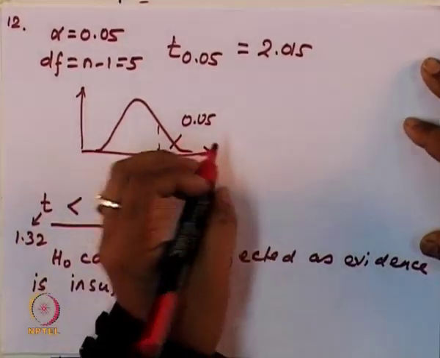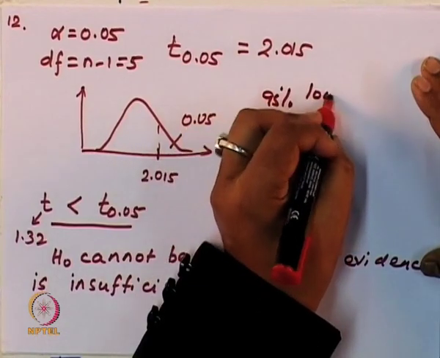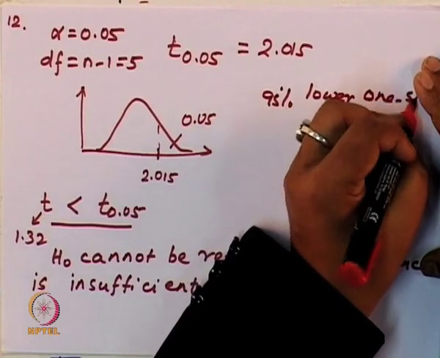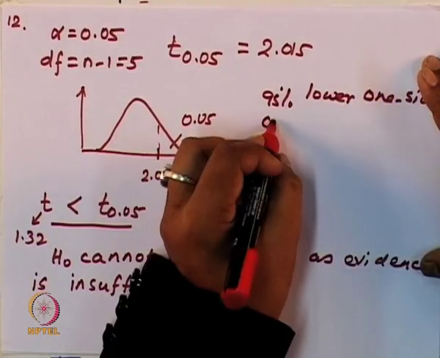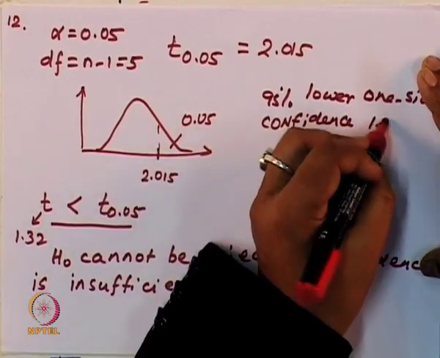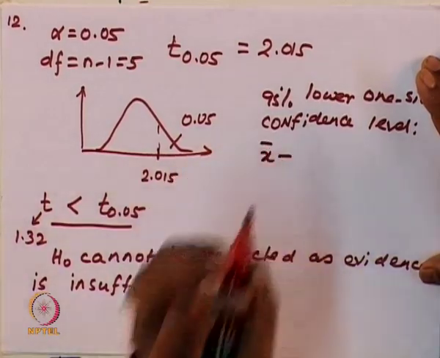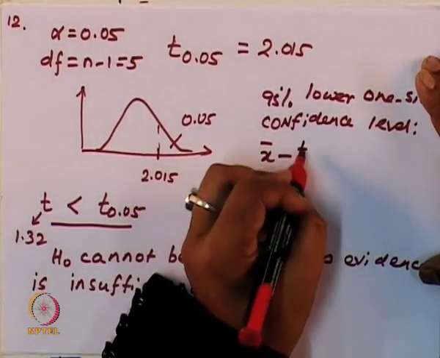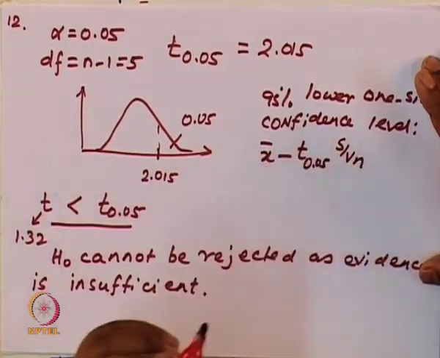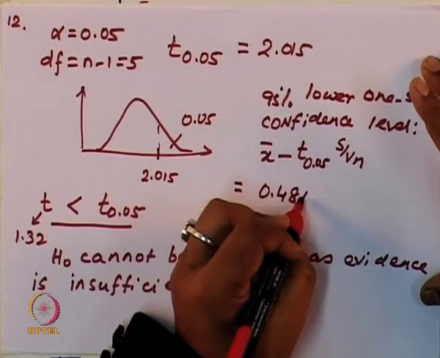You can calculate the 95% lower one-sided confidence interval. This comes out to be x bar minus t of 0.05 into s by root n, which is 0.484.